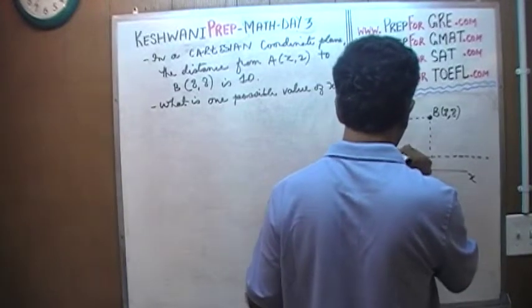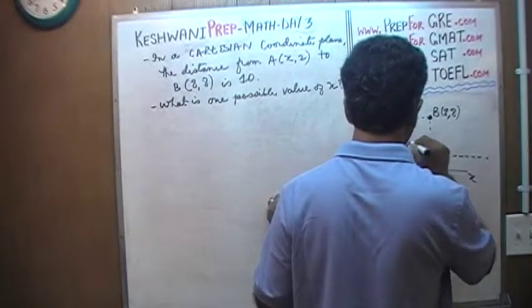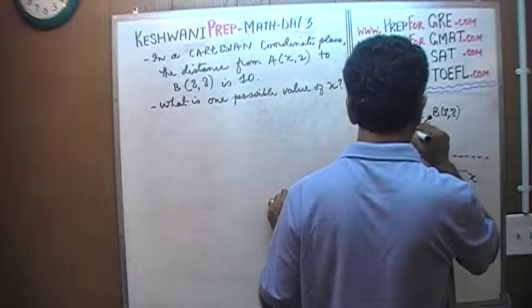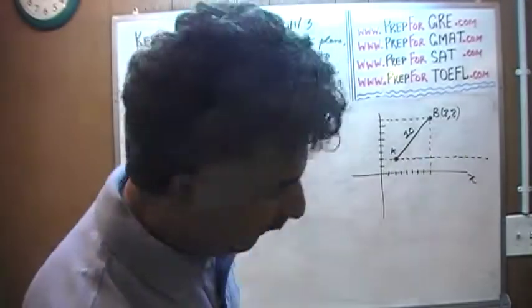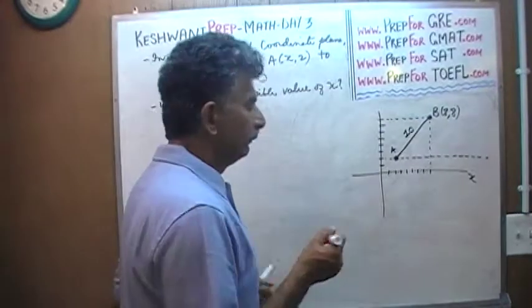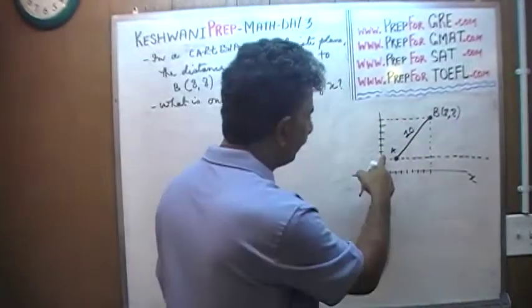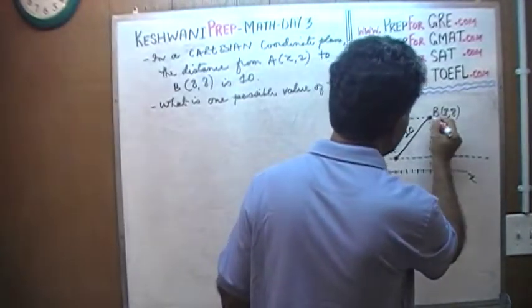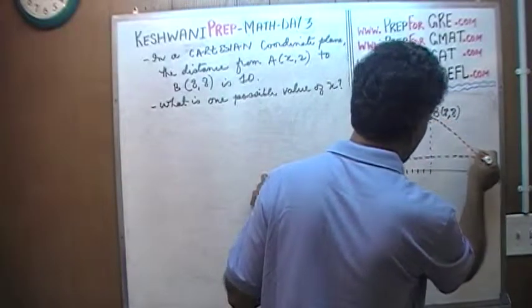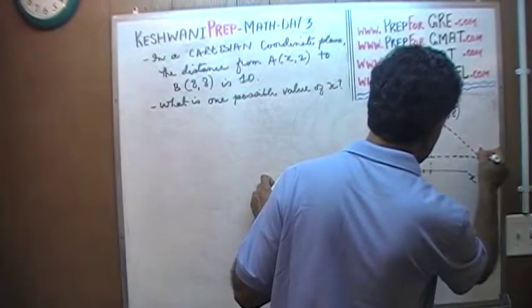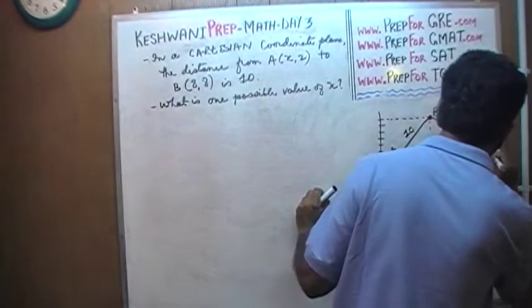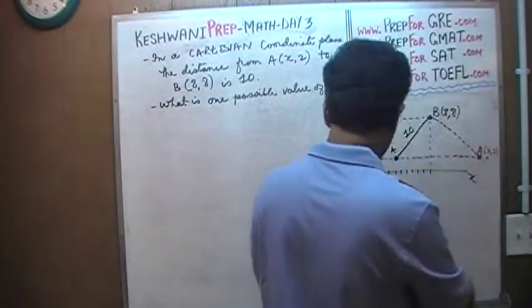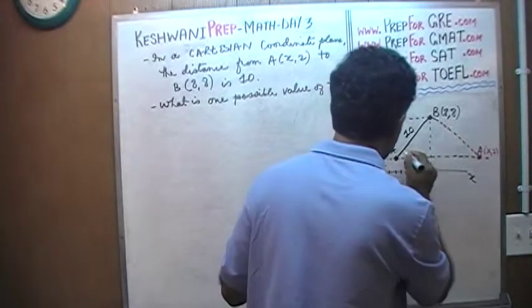If this is A, then this distance is 10. Do you see a problem here? The problem is we do not know whether the point A that we're talking about is this point A or whether it swings this way. This one also has the coordinates of x and 2.